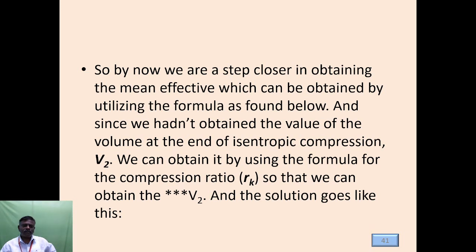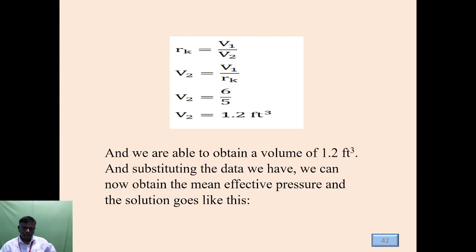So by now we are a step closer to obtaining the mean effective pressure, which can be obtained by utilizing the formula as found below. Since we haven't obtained the value of the volume at the end of the isentropic compression V2, we can obtain it by using the formula for the compression ratio RK. The solution goes like this: compression ratio RK equal to V1 by V2.